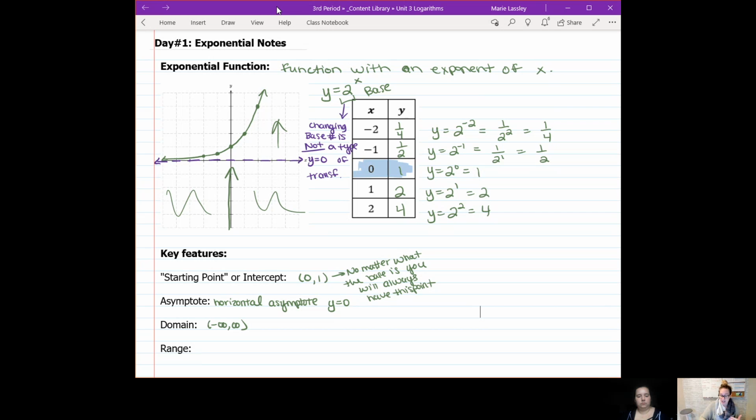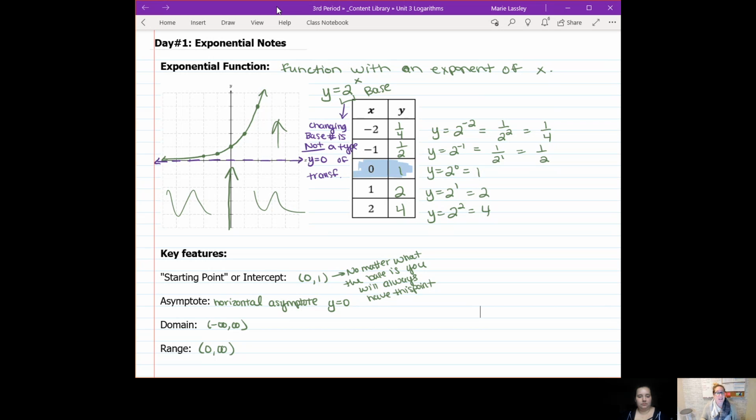So our range is starting at 0. Now we don't include the point 0, so we are going to use a parenthesis, but it starts basically right after 0, and then it does go on to positive infinity. So that's our range. Okay, so those are your key features of your exponential function.